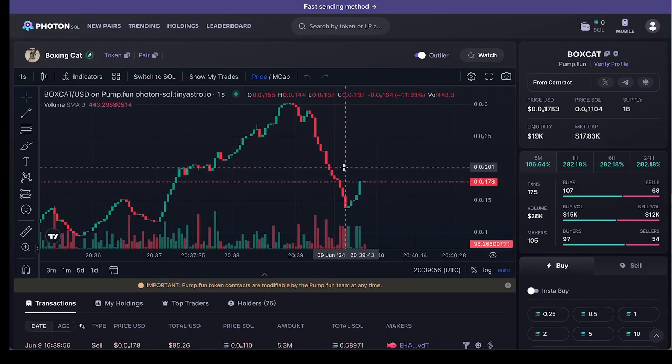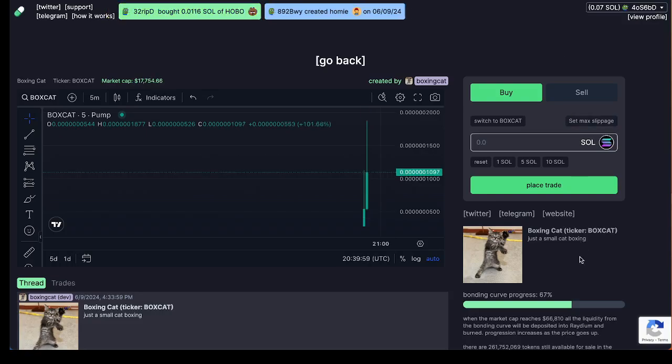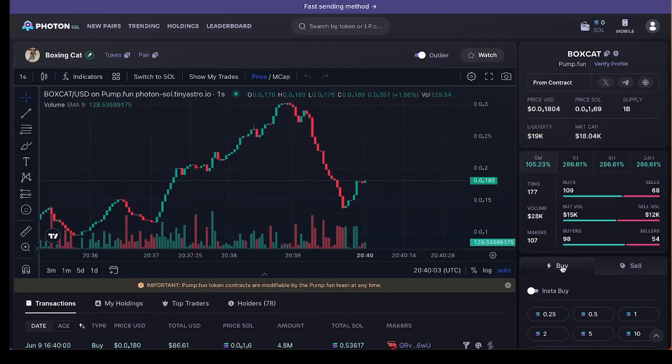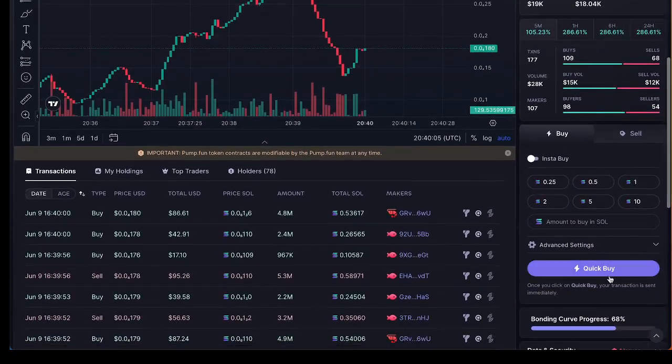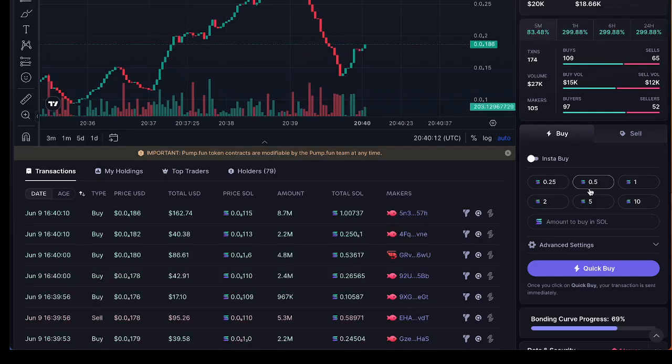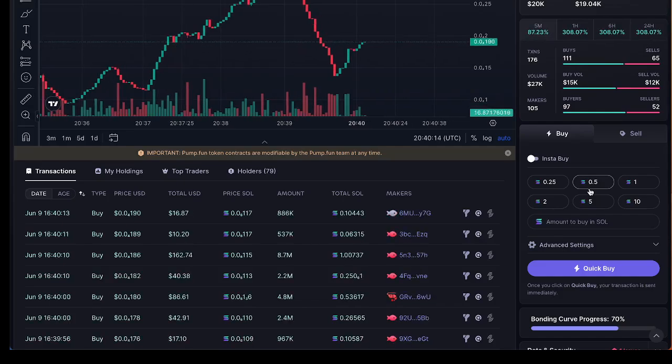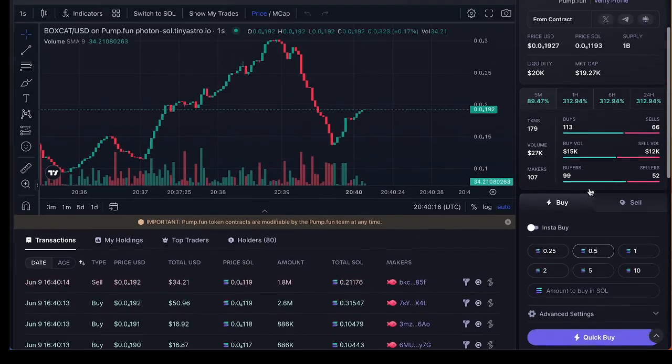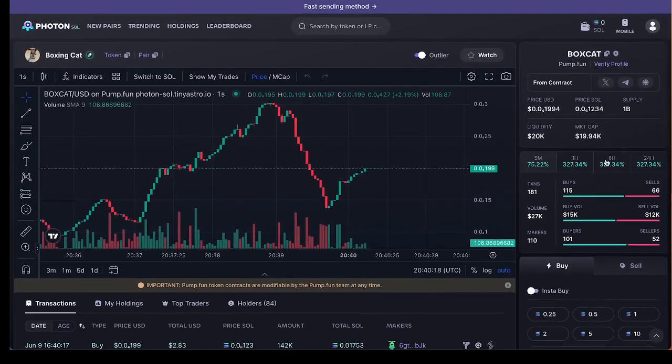So when it reaches 100% on here and you go back here, instead of buying on this, you can buy on this website too. You will see here Pump.Fun migrate. Token is migrating from Pump.Fun to Raydium.